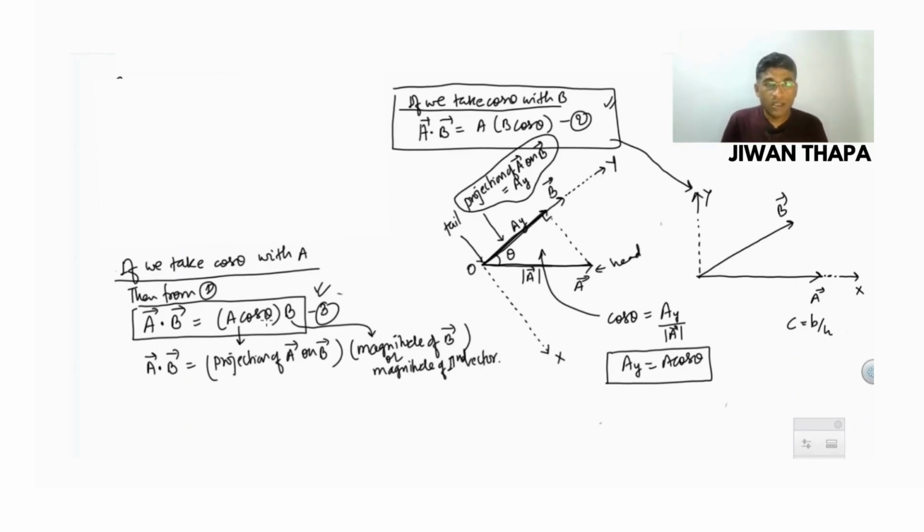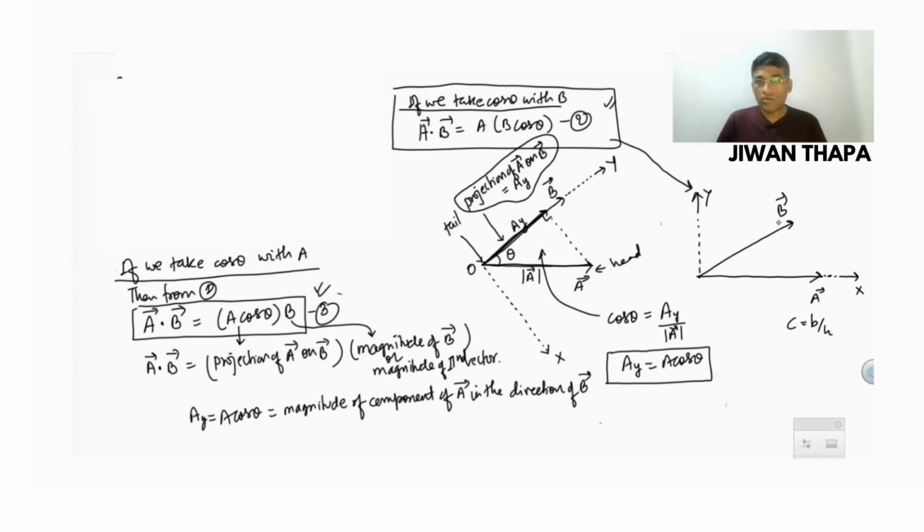And this A cos theta is the y component of vector A. So this is the magnitude of the component of vector A in the direction of vector B. So this is to be noted.